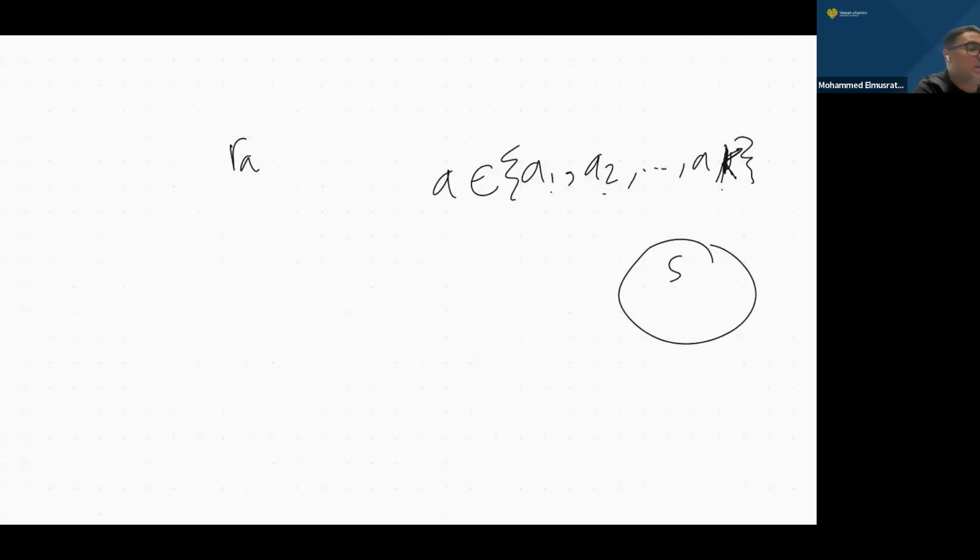Now A belongs to this, and behind each action we have a certain reward, so we represent them as R of A. This is the reward based on the action. For example, if the action is 1, the reward is 1 million. The reward of action 2 was 2 euro, and so on.